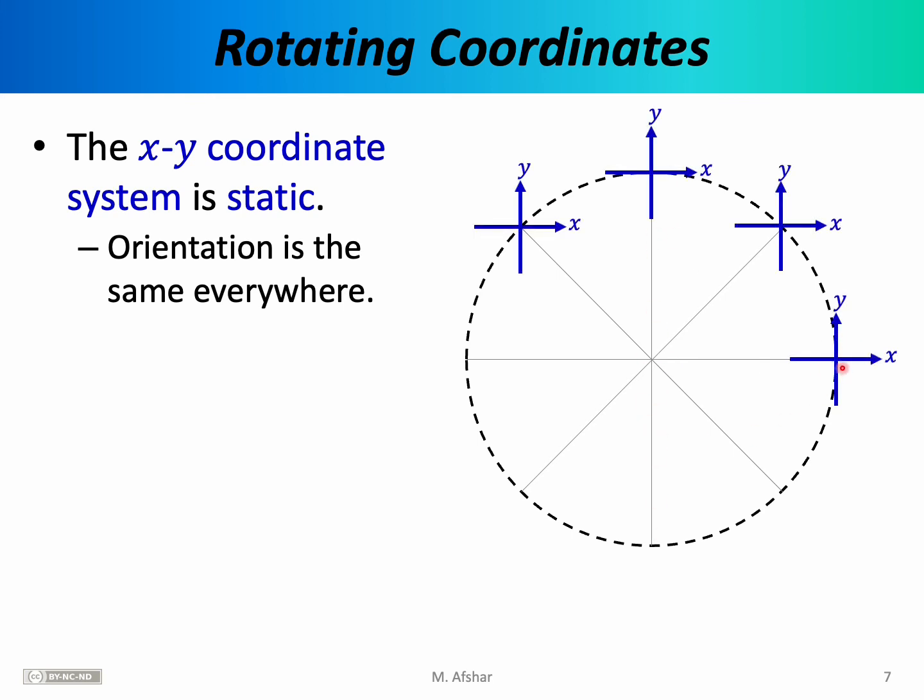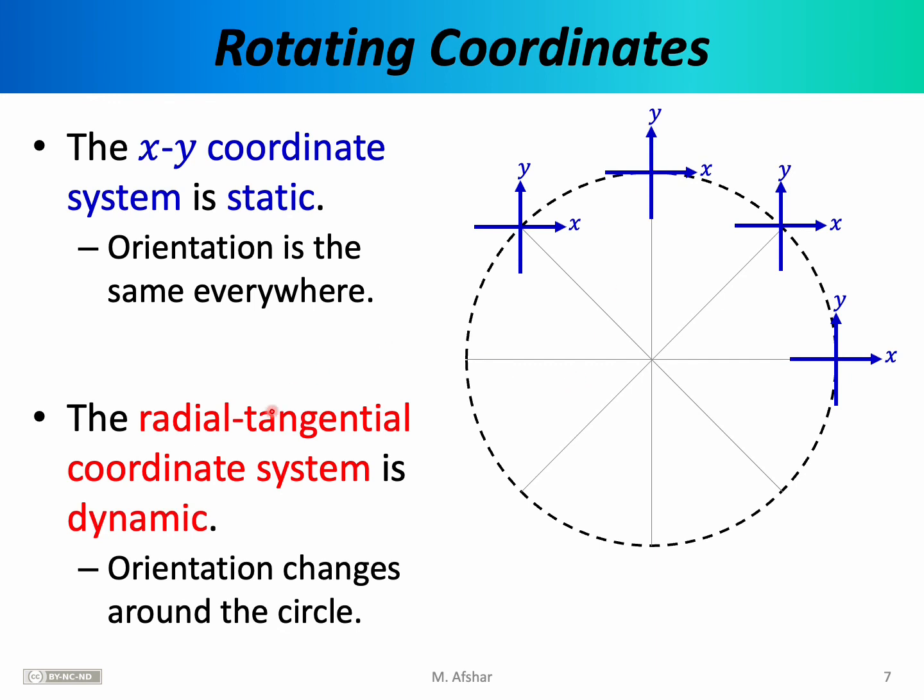So when the particle is here, the x direction is simply to the right and the y direction is up. When the particle is over here, the x and y directions are the same. When the particle is here, again, the x and y axes point in exactly the same directions. Nothing changes even though the position of the object is changing.